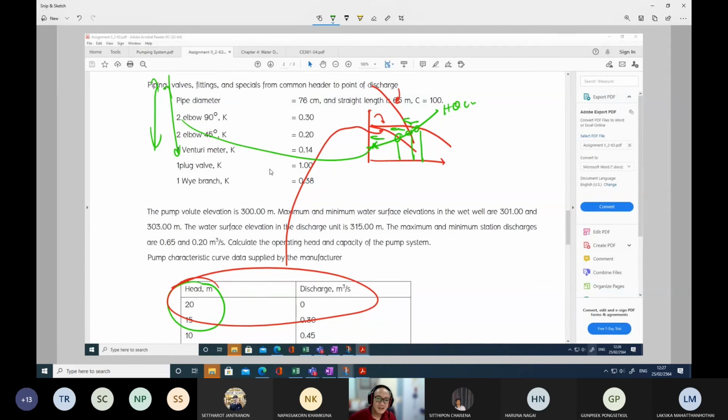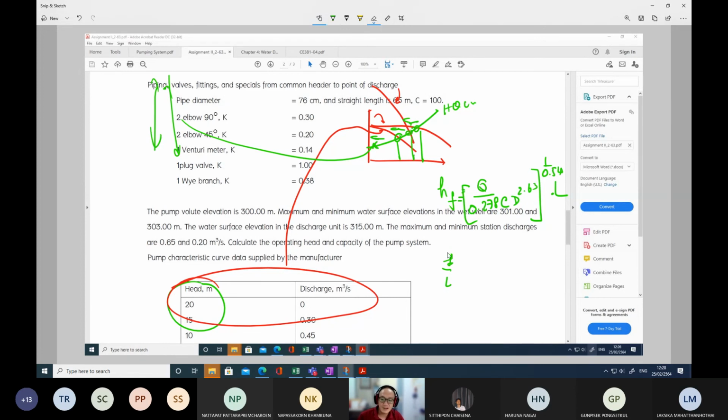The only thing is, for friction loss, you have to use the Hazen-Williams equation. The Hazen-Williams equation is based on the flow rate divided by 0.278 C D to the power of 2.63, all to the power of 1 over 0.54, times L. In fact, loss divided by L is equal to this amount.